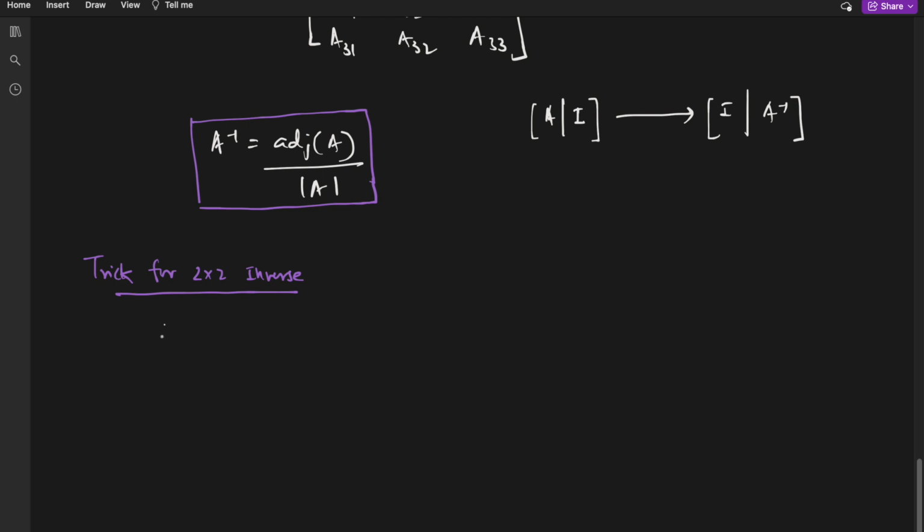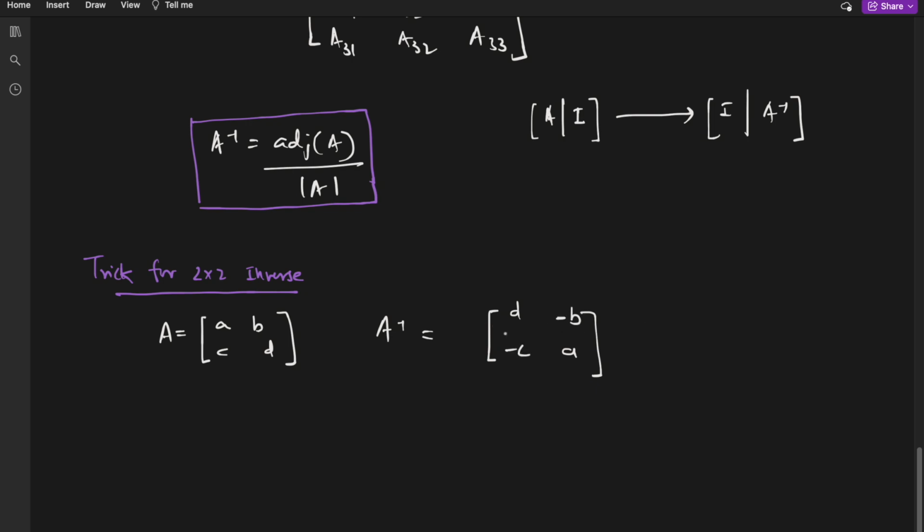Basically, for example, if you have this matrix A, B, C, D, a 2 cross 2 matrix, then its A inverse is nothing but, you simply swap these two elements A and D. So D came at the position of A and A came at the position of D. That's it. And you keep the position of B and C, but multiply them with -1.